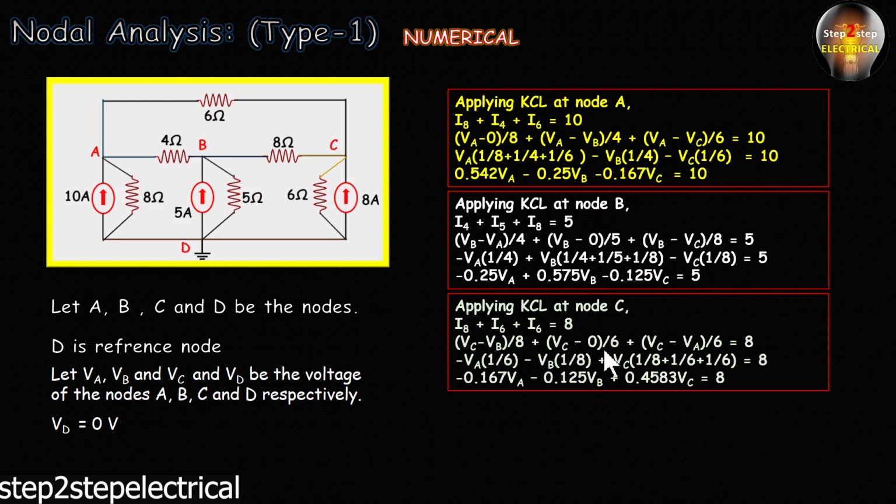We have just used Ohm's law, I equals V by R. On solving, we get minus 0.167 VA minus 0.125 VB plus 0.4583 VC is equal to 8.